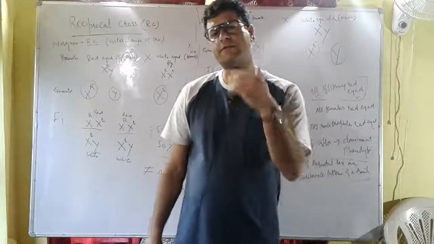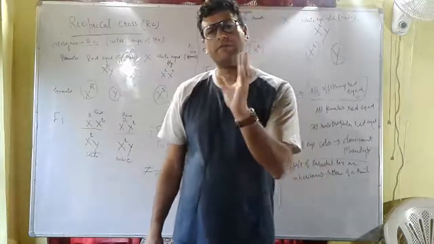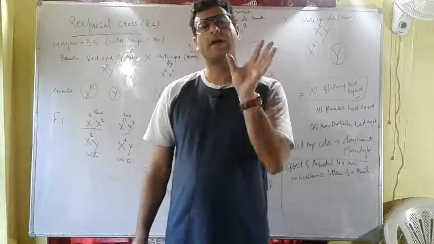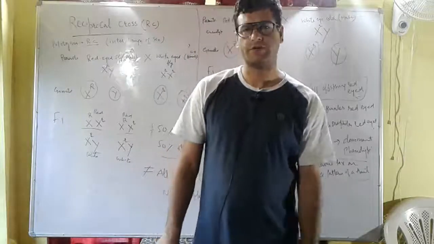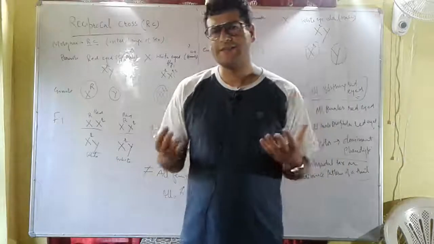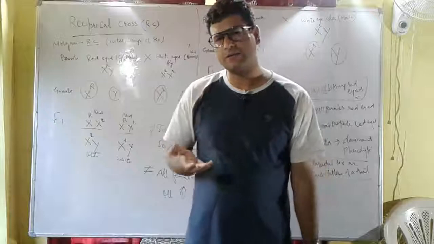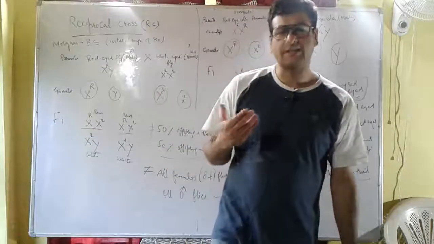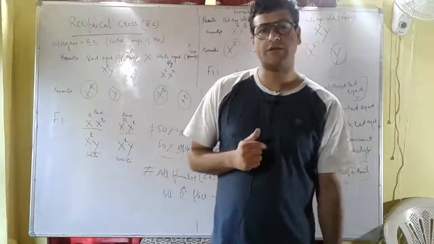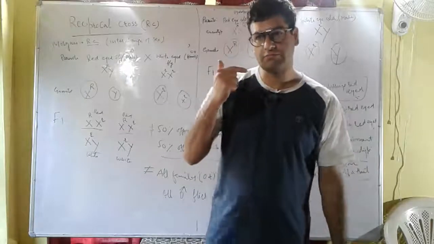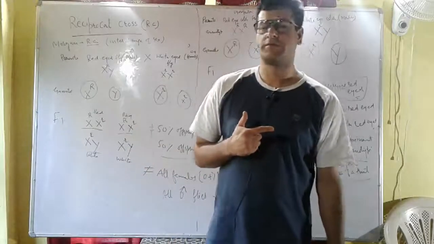And if the trait is located on the autosomes, then the result of the reciprocal cross and the result of the original cross are identical. They are not different. So yes, it is the parental sex that influences the inheritance pattern of the trait in case the trait is located on the sex chromosomes.